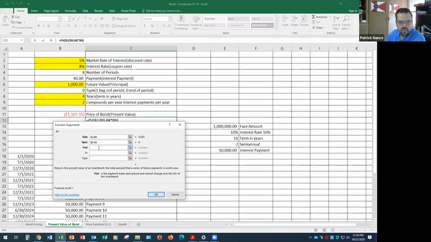So the payment is, I have that already calculated as the interest payment here. The future value is the principal or the face value. And the type, I just put a 0 in here. That's just whether it happens at the beginning or the end.